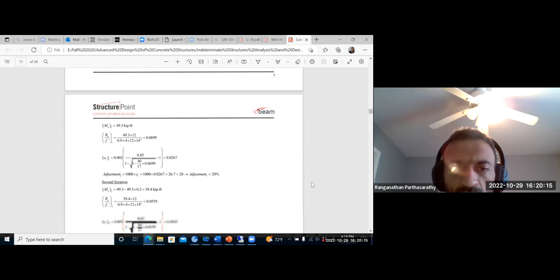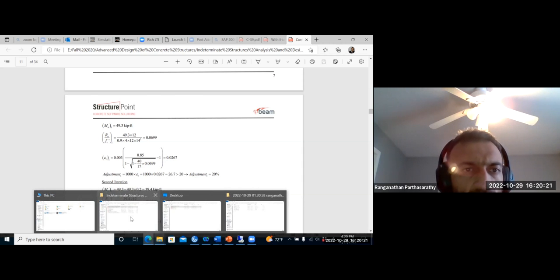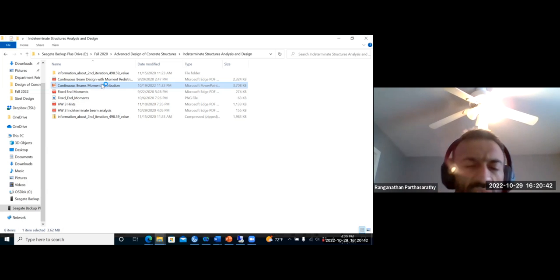They have used some direct formulae, but we did this from scratch. So for that 49.3 kip-foot, we will determine how much reinforcement is required, what is the corresponding strain in the tension steel.